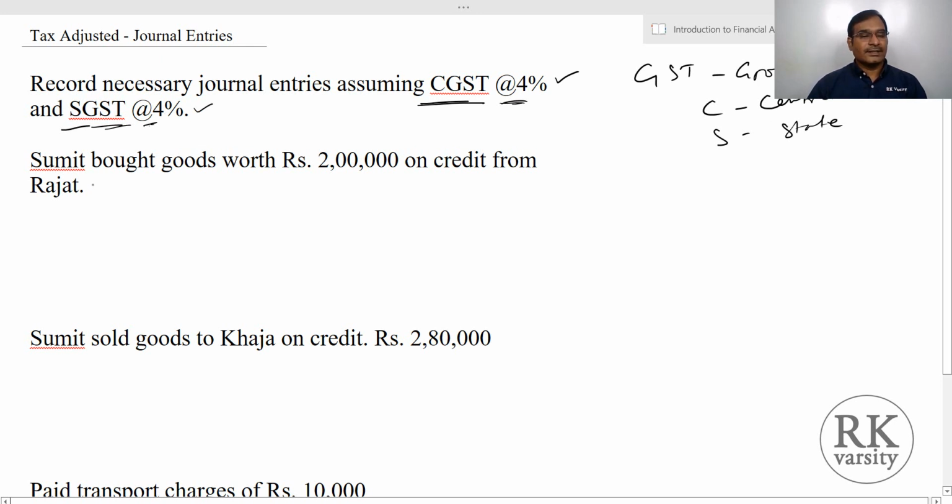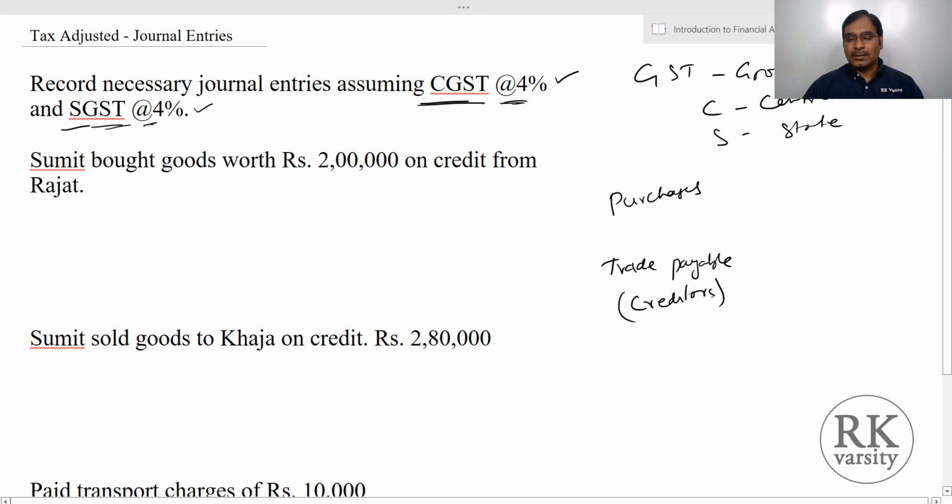Now the first transaction is Sumit bought goods worth rupees 2 lakhs on credit from Rajat. So this transaction has two items. One is purchases and the second one is the credit, that is trade payables, or we can say creditors also. In some books we use creditors, but preferably considering the company accounts, we use the word trade payables.